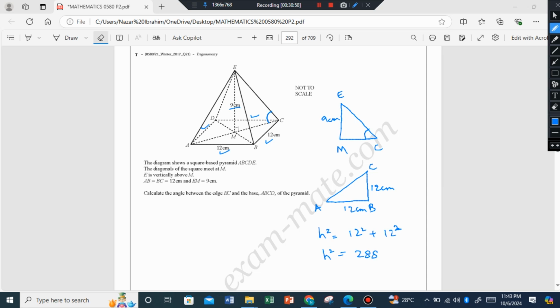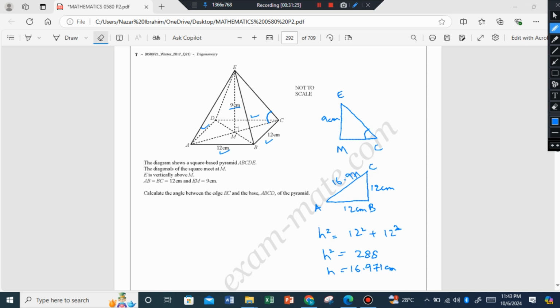Now I want to find the hypotenuse, so I'm taking under root of both, and I'm getting 16.97. So hypotenuse is equal to 16.971, right? So AC is equal to 16.971.